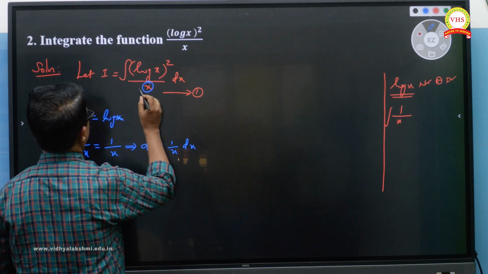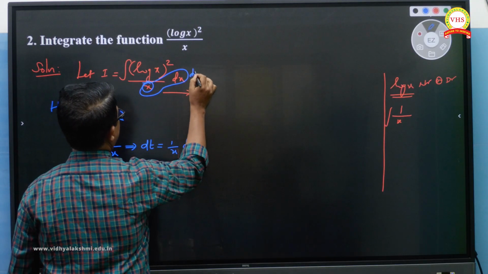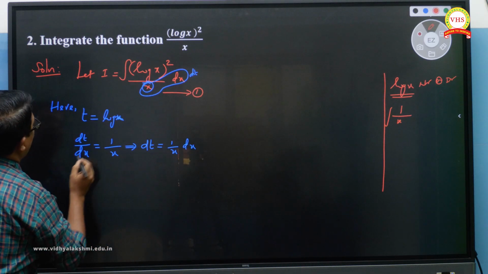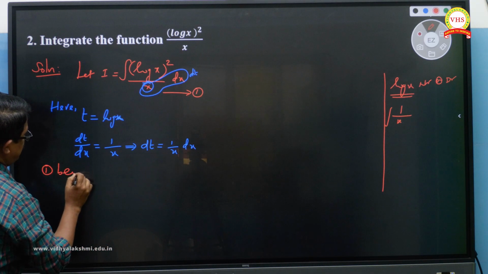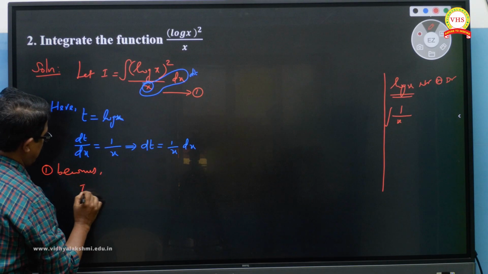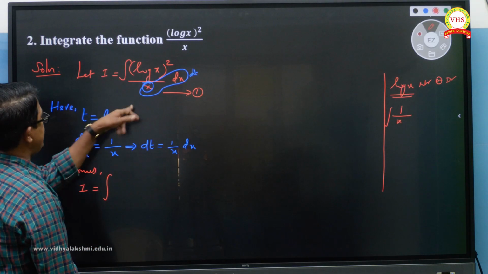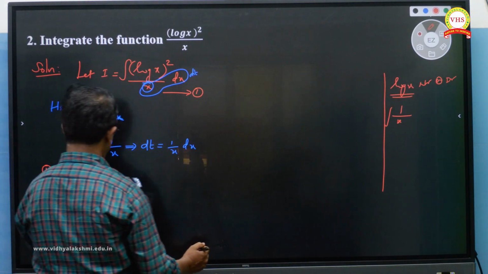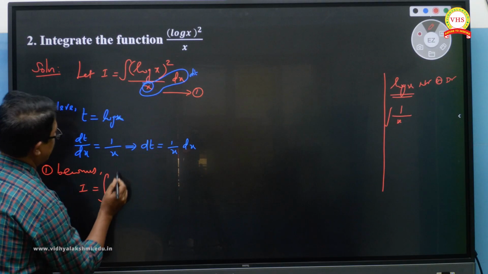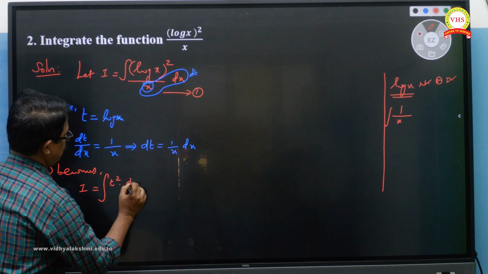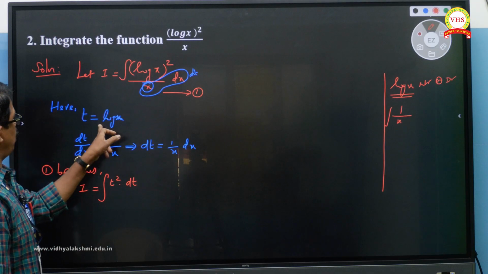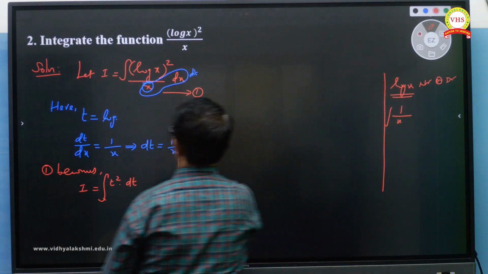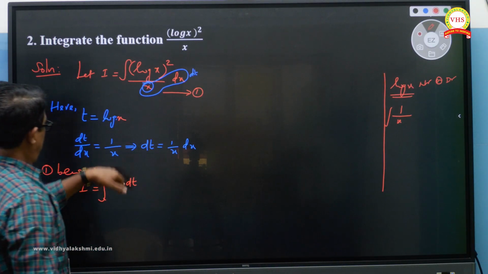Now look at the integration, students. 1 by x into dx is dt. Now the integration will be changed. The first equation becomes I equals the integral of t square dt, because log x whole square becomes t square.